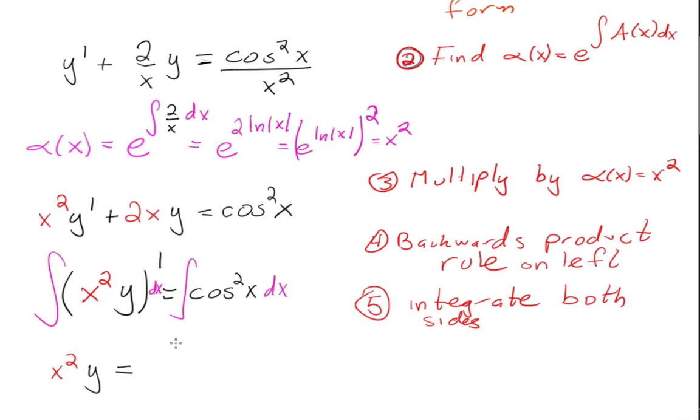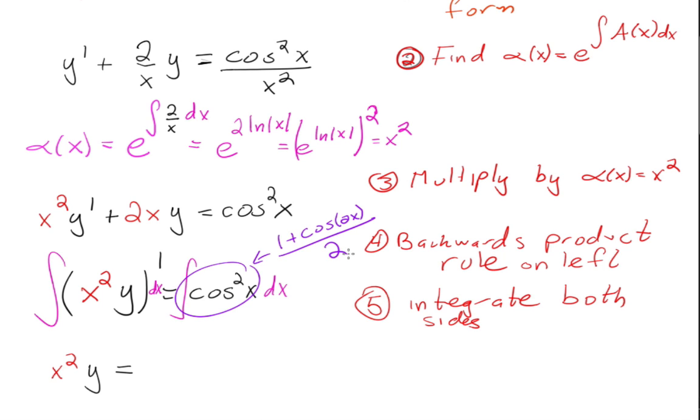Let's do this. So cosine squared, remember, is 1 plus or minus? It's plus, yep. 1 plus cosine of 2x all over 2, right?